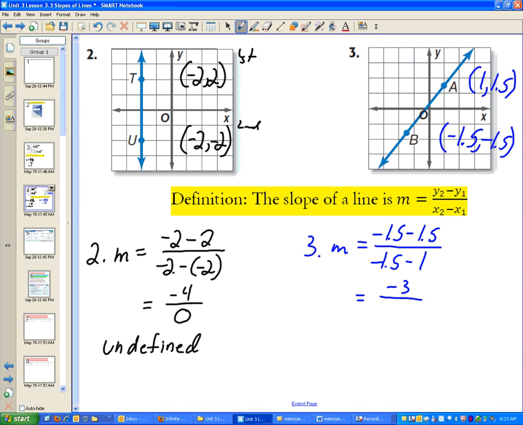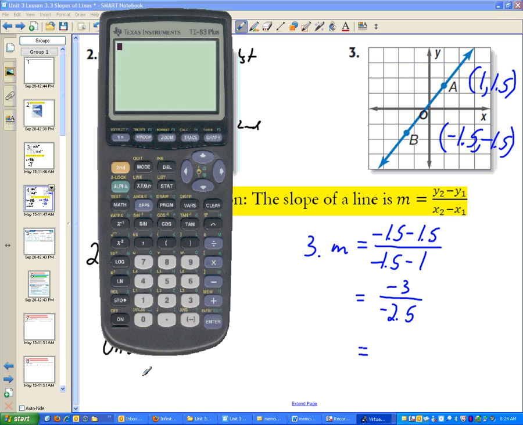And then negative 1.5 minus 1, negative 2.5. Now I know that negative divided by negative is positive. If we get fractions a lot for slopes, I don't want to leave it with a decimal in my fraction. So 3 divided by 2.5. I didn't really want to get a decimal as a slope either, but there we go, 1.2.